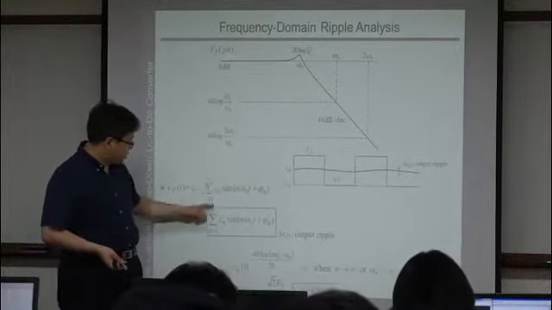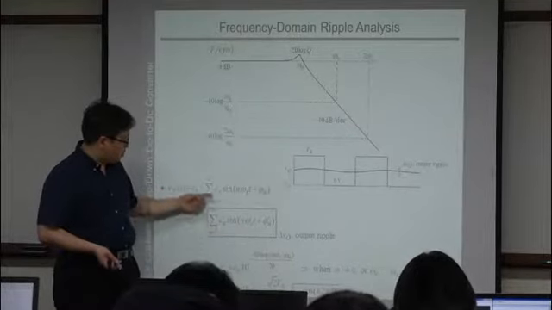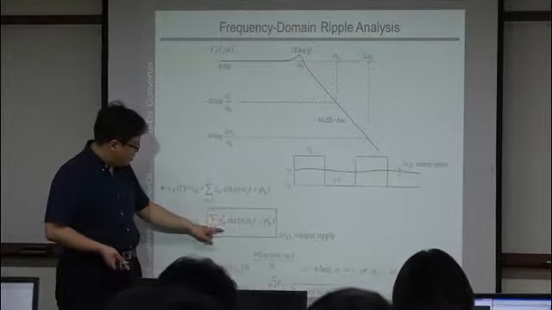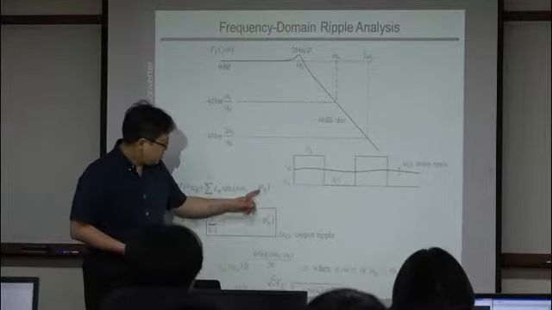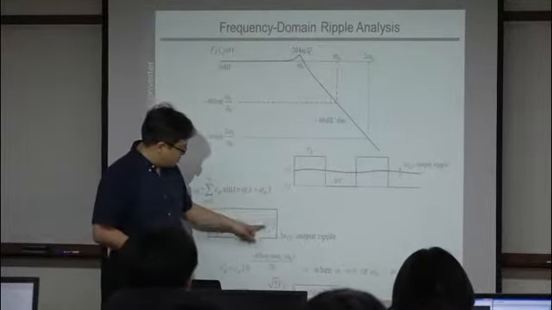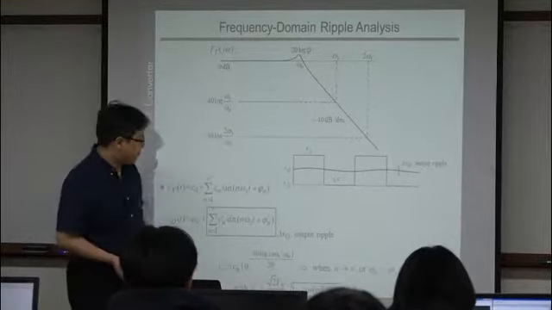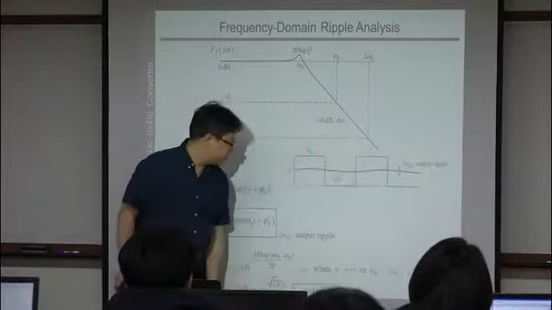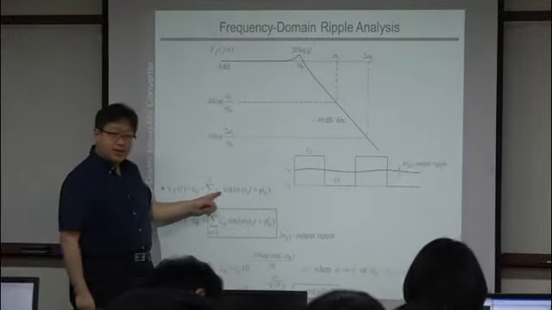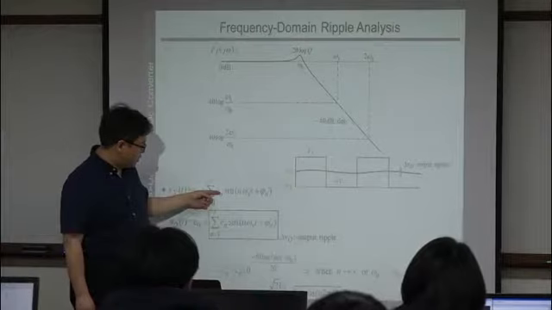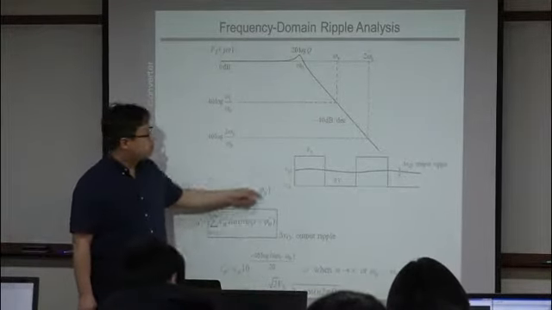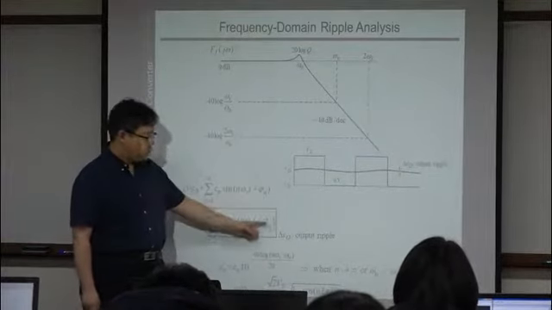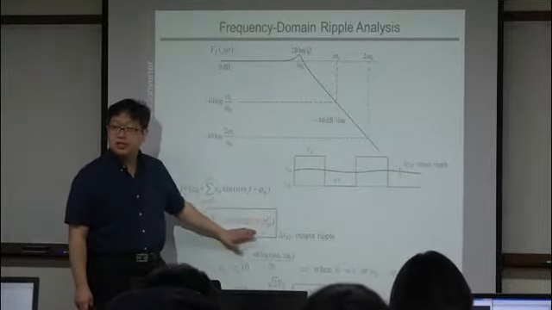Then its shape is similar, but Cn is changed to Cn dash, and phi n is changed to phi n dash. What does it mean? Because of your low-pass filter, the Cn component has been reduced, like this. What about the phase? The phase is also changed.